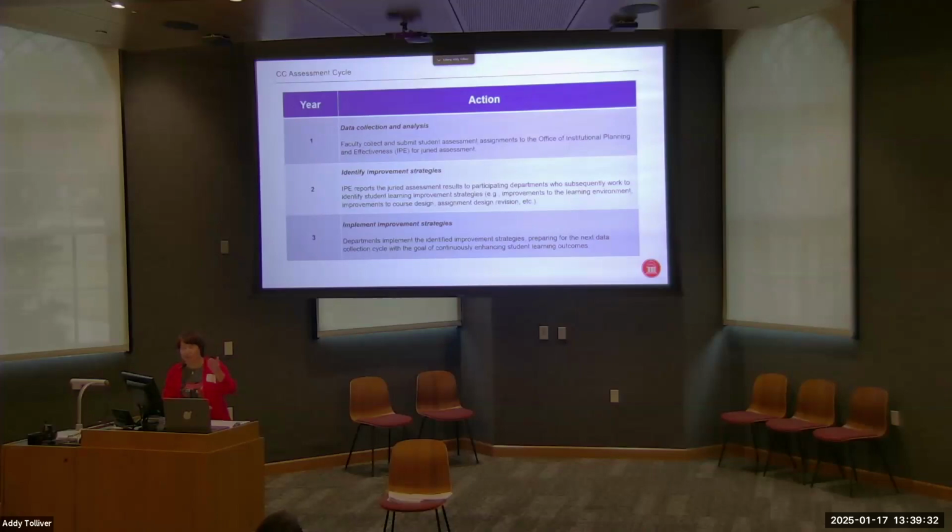In the first year, we collect the data and artifacts from students for the components that we're going to assess at the institutional level. In the second year, based on the assessment results, we identify the areas for improvement and also identify strategies for action, right, for improving learning and teaching.